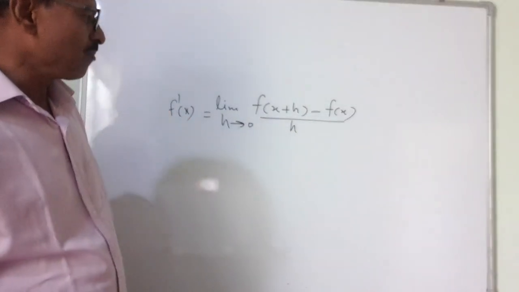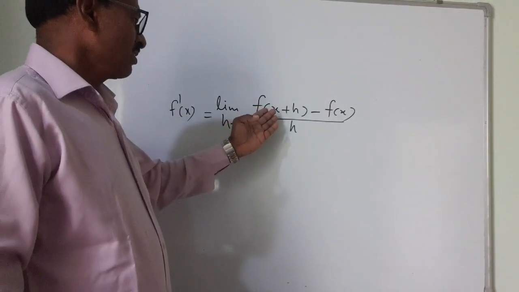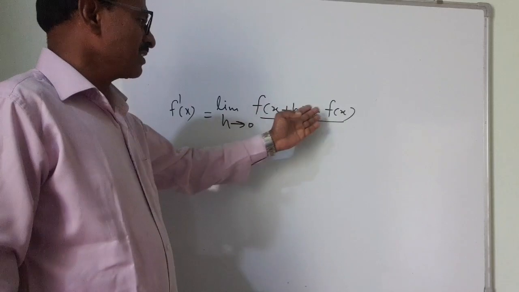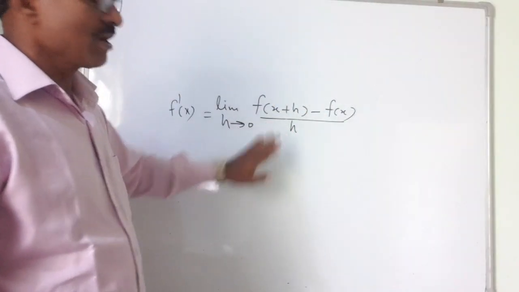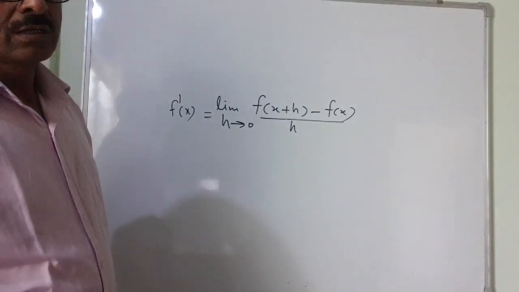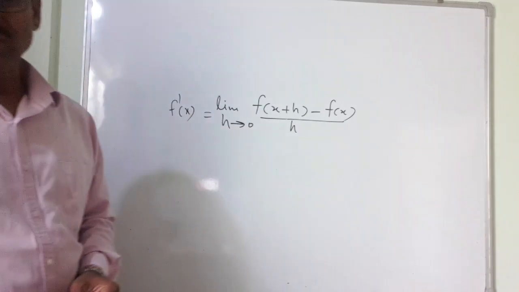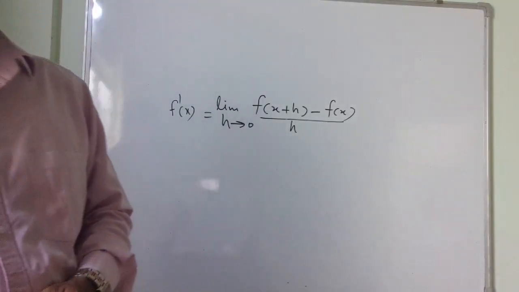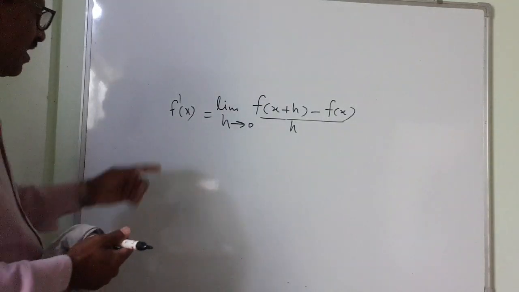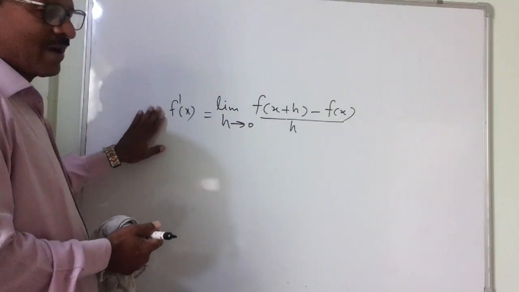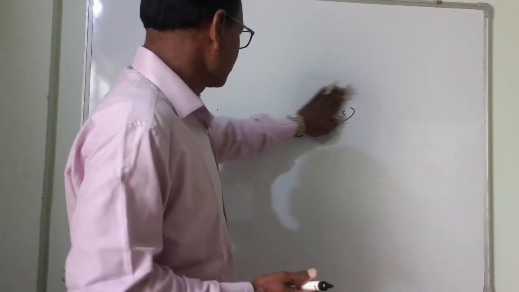Those many small parts we have done, and then from that f of x plus h minus f of x, that subtraction we have done, and then we have divided by h. So it is a very small part. Small part we can say is a derivative. This f dash of x is nothing but dy by dx, the derivative. Thus we saw it last year.